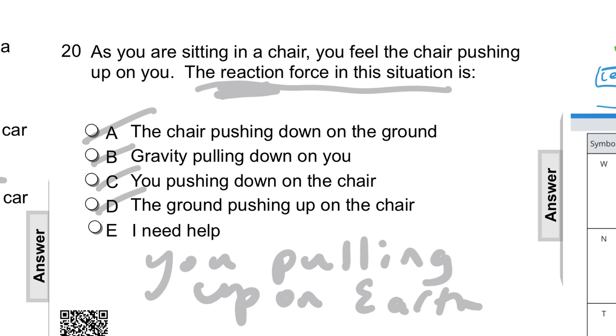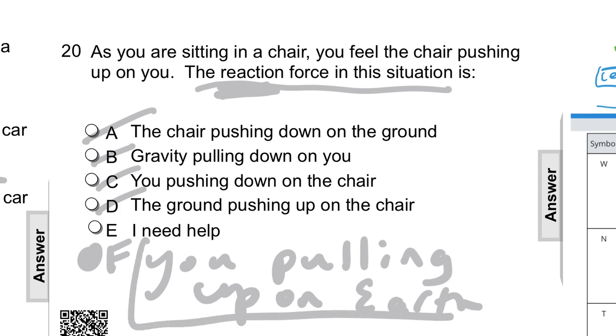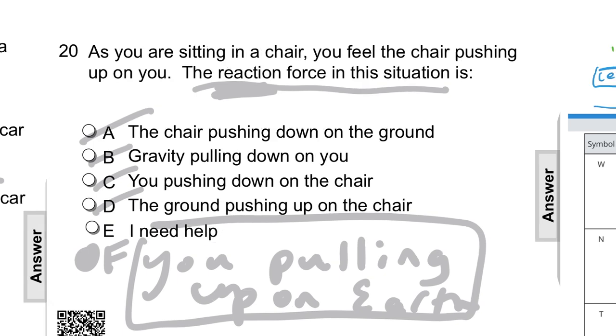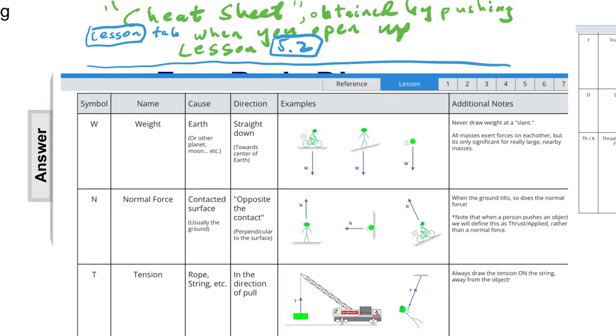The chair pushes up on me. So none of these choices are really good. Okay, so this would be the choice. Choice F. The action force is the Earth's gravity on me, and the reaction force is me pulling up on the Earth.